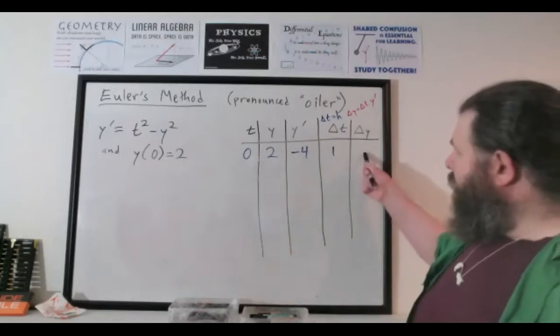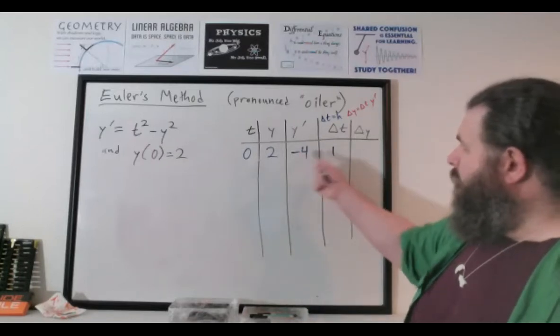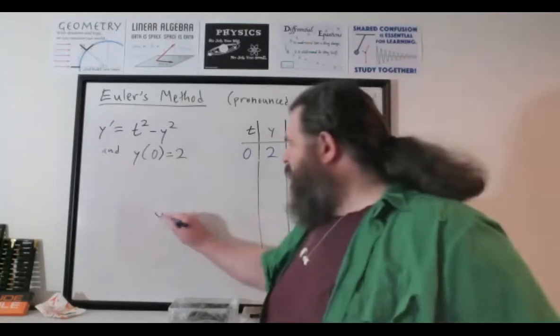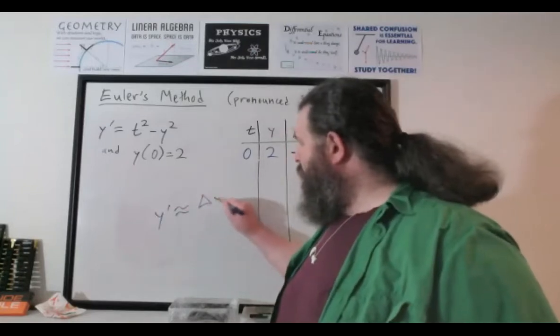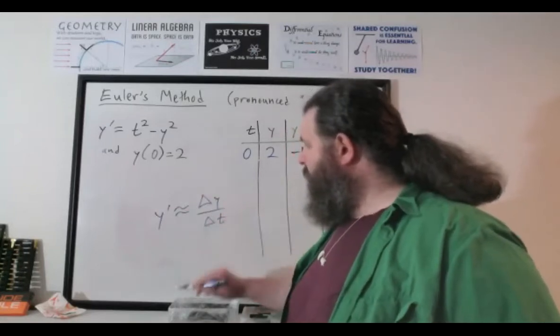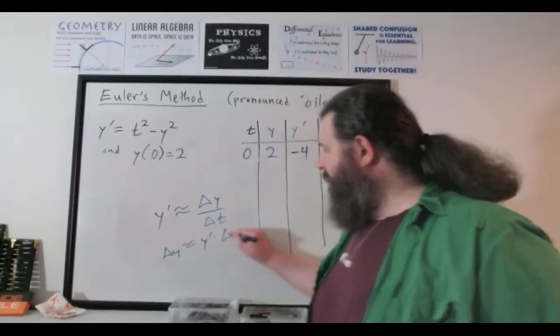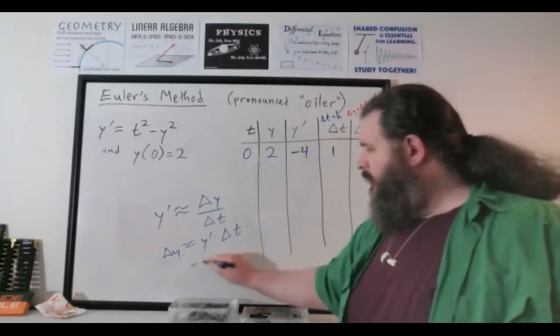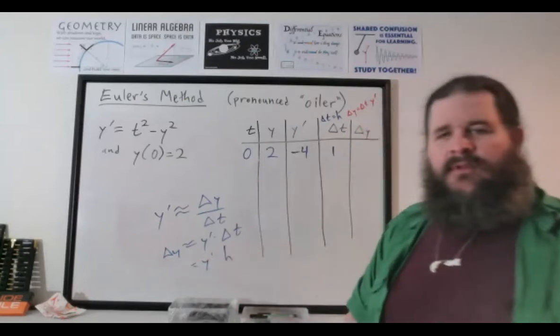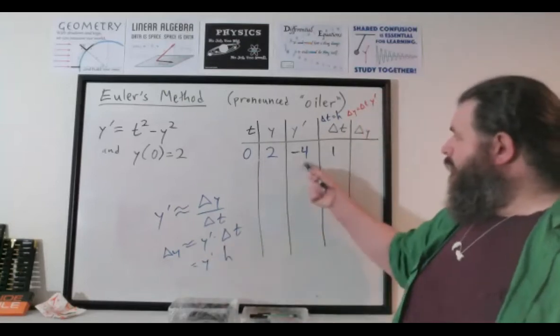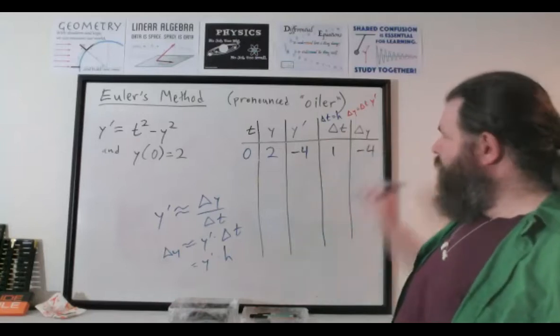To find delta y, we can just multiply y prime times delta t. Because again, y prime is approximately change in y over change in t. So change in y is approximately y prime times delta t. In other words, y prime times h. So we just multiply those, -4 times 1, we get -4.